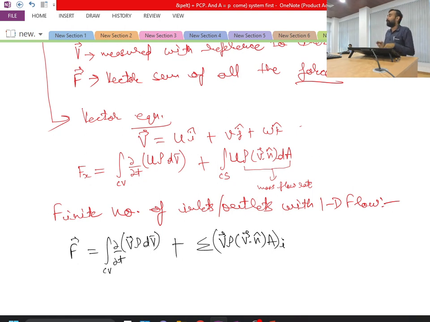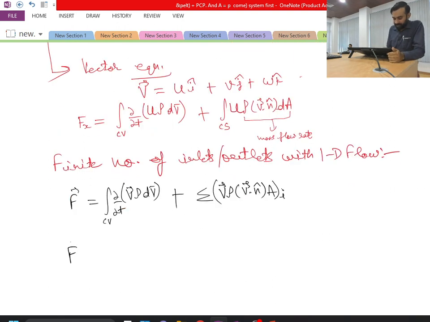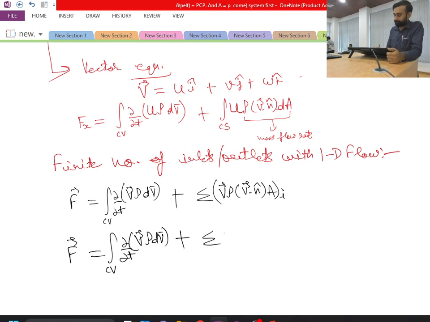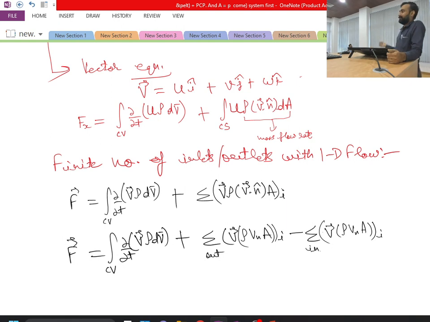Now if I replace this v dot n with the normal component of the velocity only, in that case F vector will be nothing but integral over the control volume del by del t v vector rho dV bar plus summation of v vector rho Vn A, with i for the outlet, minus summation of v vector rho Vn A, this is also i, and this whole is for the inlet.